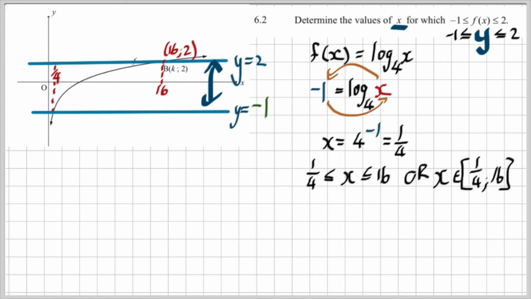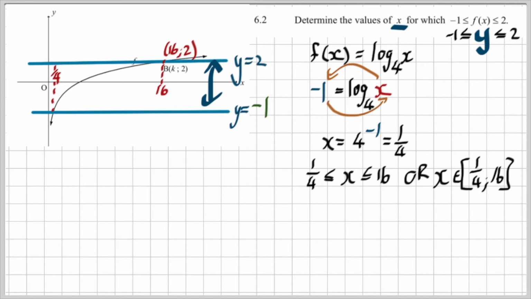Now remember, I use the equals to because they gave it as equals to. I use the square brackets because they say that at the x value, the y value actually touches negative 1 and 2. So that's why I use the square brackets. Sure. Let's go on to question 6.3.